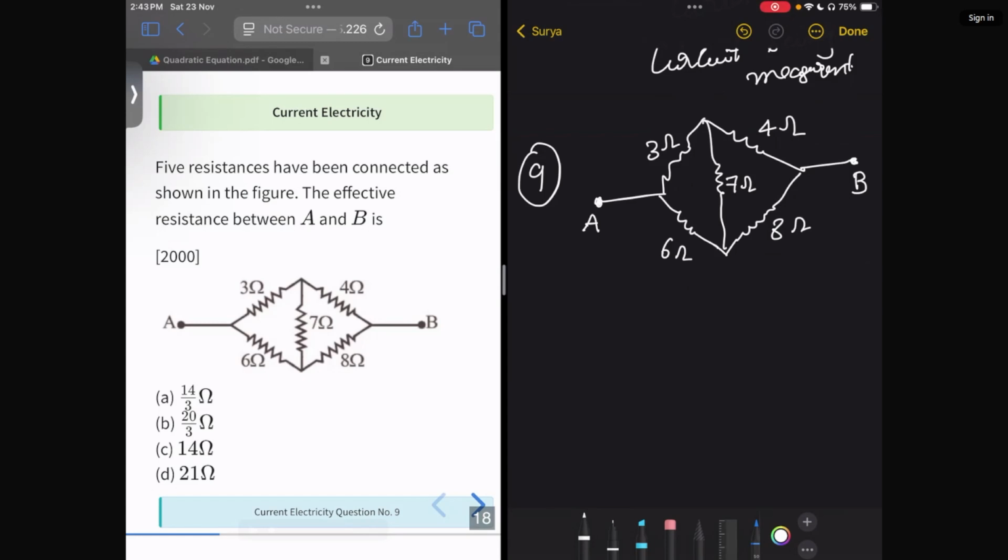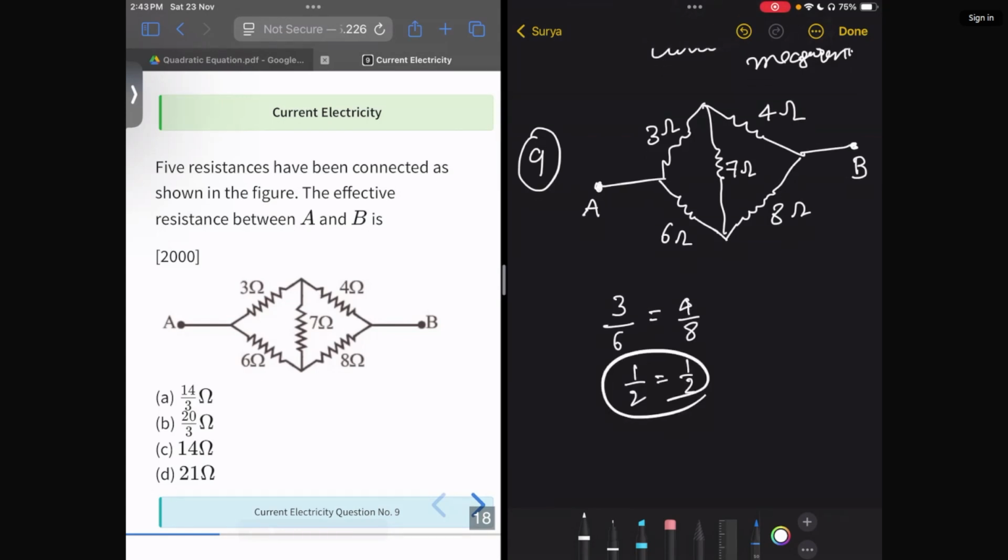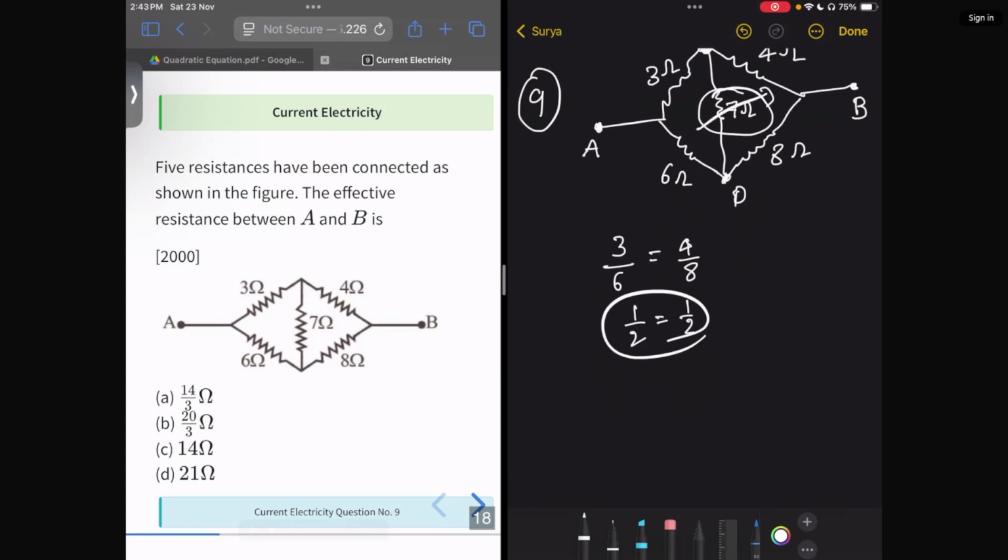The effective resistance between A and B: here you can see there is a Wheatstone bridge which is balanced. 3 by 6 is equal to 4 by 8, half equals half. So there is no potential difference between the two points C and D, and the 7 ohm resistance will be ineffective.